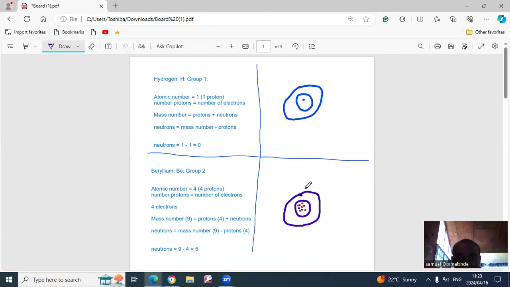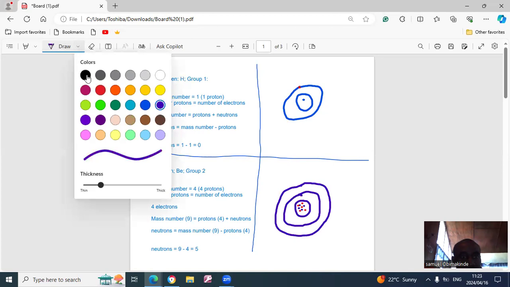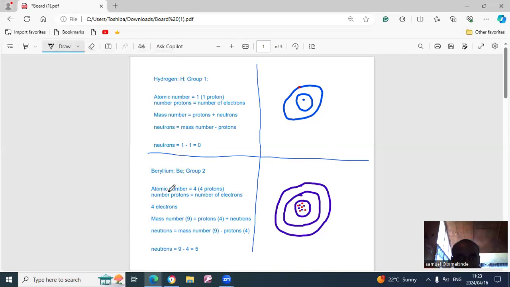So 2 electrons will be here, and the other 2 electrons will come out. This, in a way, is higher than your level, so I won't go in depth into this. The electrons I will show in black color. Remember, we have 4 electrons in beryllium. The first 2 electrons will occupy the first energy level, and the other two electrons will occupy the outer energy level. So that is just it.